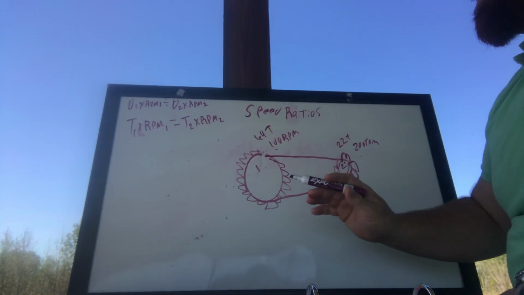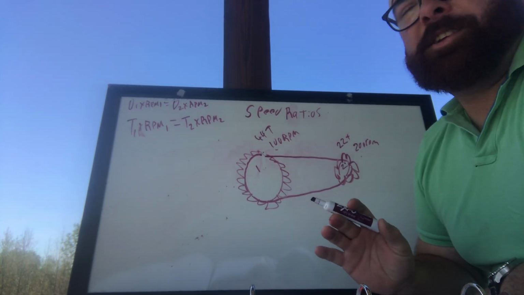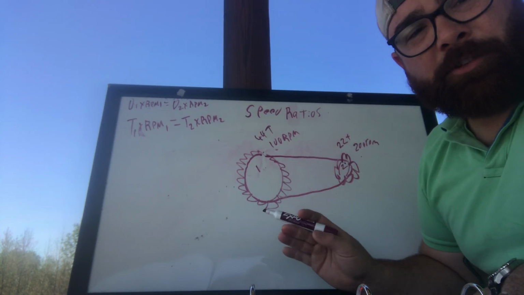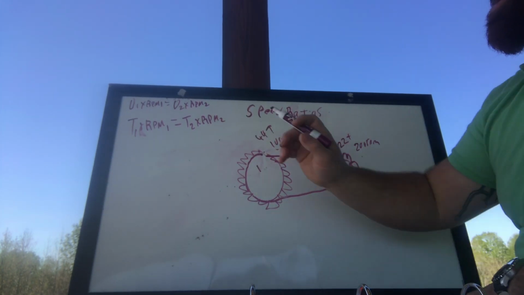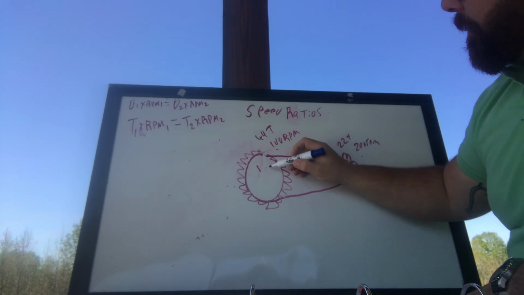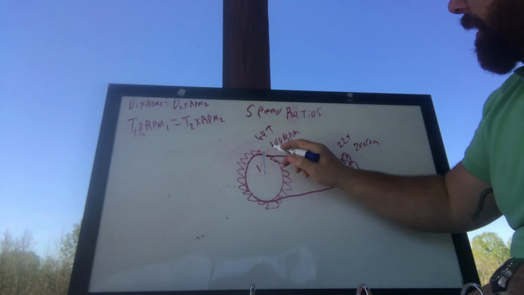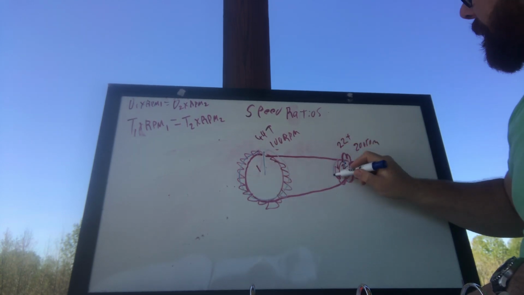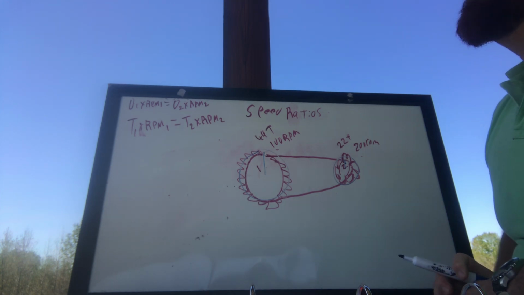We have teeth. Now, let me just go, kind of like I said, off script again. This equation, it really doesn't matter how you use it as long as you use like terms. So I can use diameter to diameter. I can use teeth to teeth. I could use radius to radius. I could use circumference to circumference.